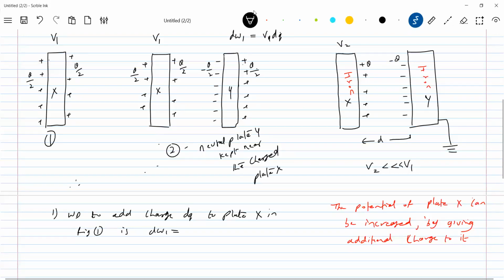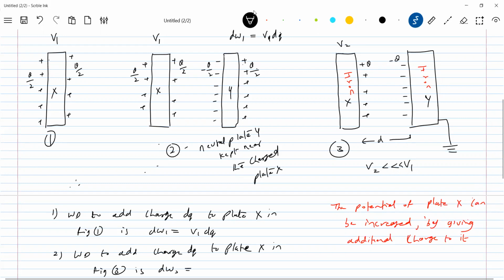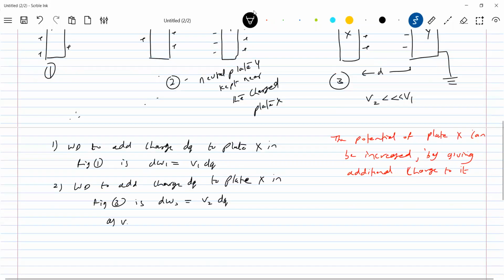V1 into dq. Second one: work done to add charge dq to plate X in figure 3, and V2 is very much less than V1.